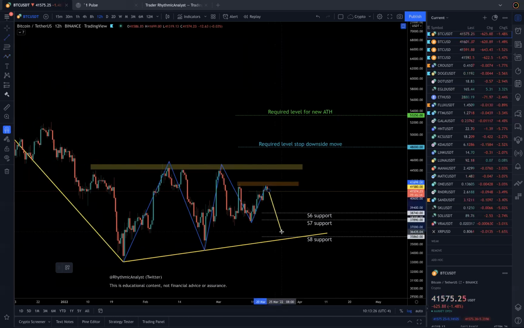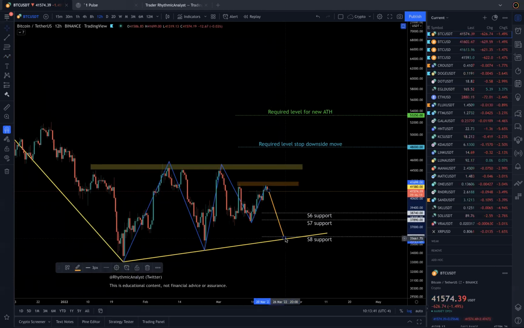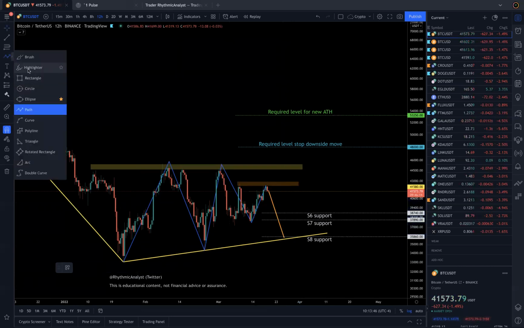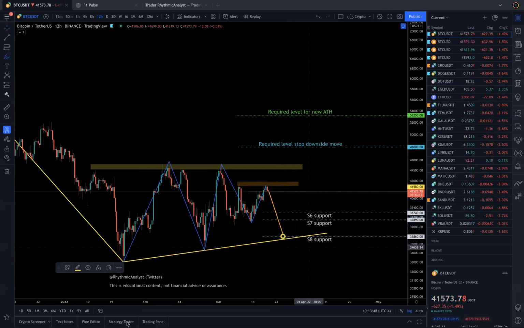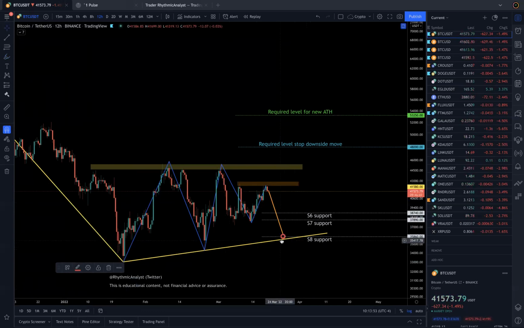If it comes down to S8, then it's in real trouble in my opinion, because it has already visited this. So this would be a red flag if it comes to this level. I would say this S8 is the most critical level. We don't know yet, so I'm going to keep the dotted line.